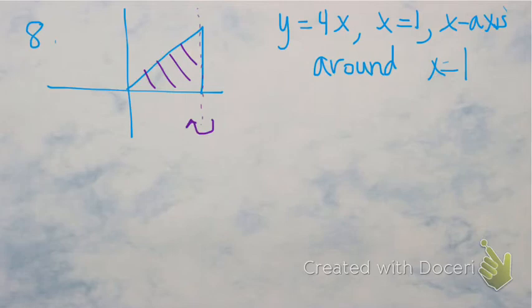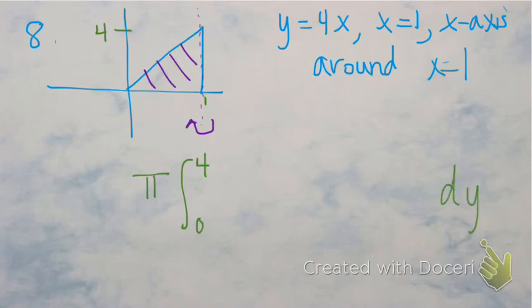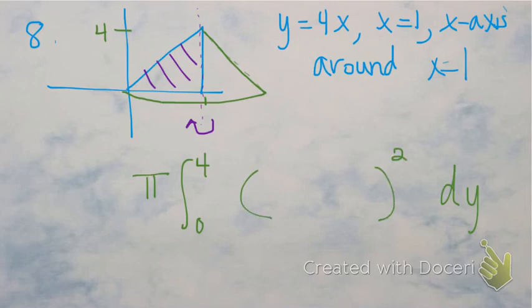If I'm going around x equals 1, first of all, x equals 1 looks like the y-axis, so I know that this is 1 and this is 4. I know that this is going to be 0 to 4, and I know it's going to be in terms of y because the line I'm rotating around looks like the y-axis. And when I think about going around that line, it looks like a fancy cone. There's no holes, so it's just going to be one thing squared.